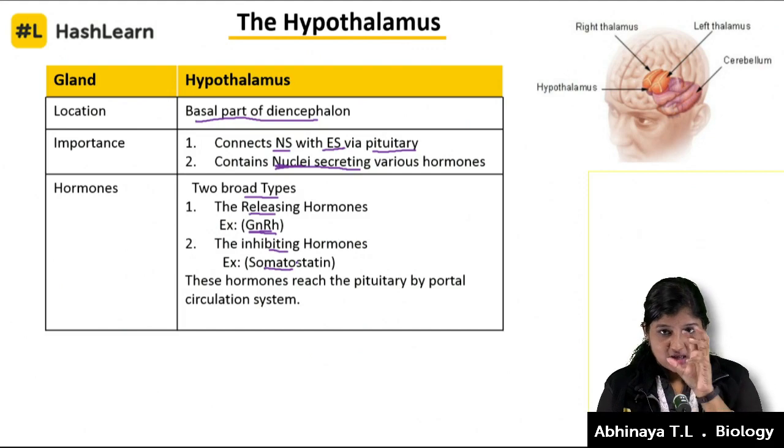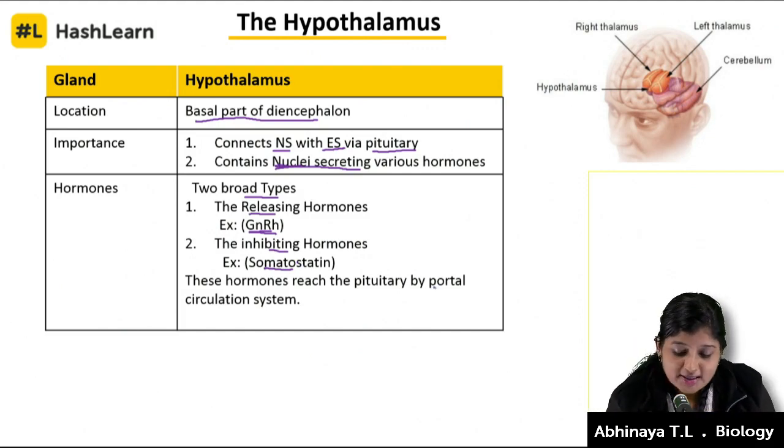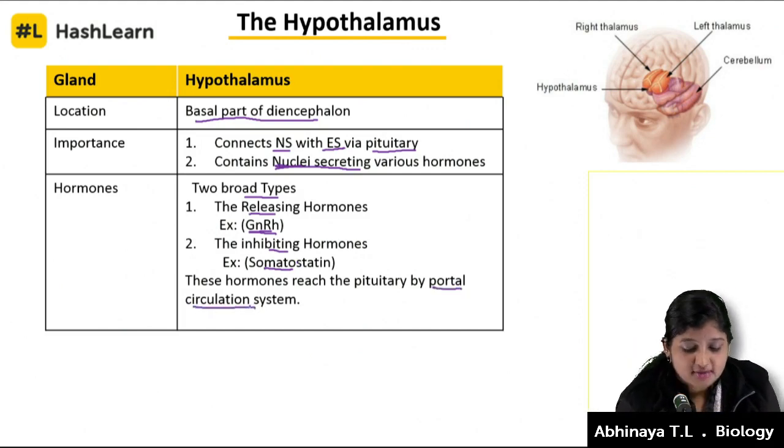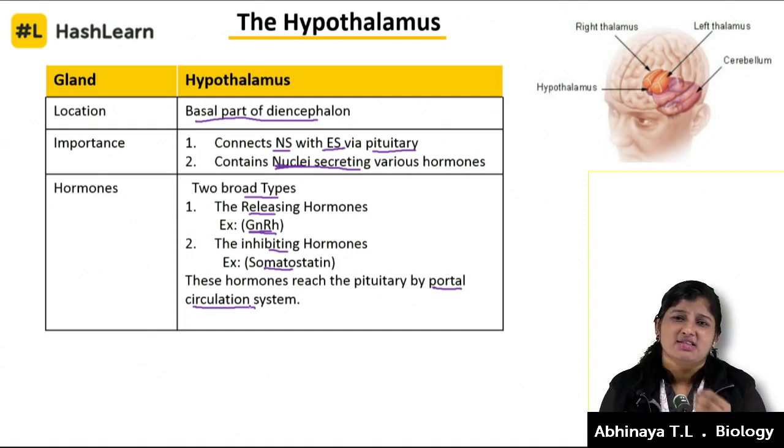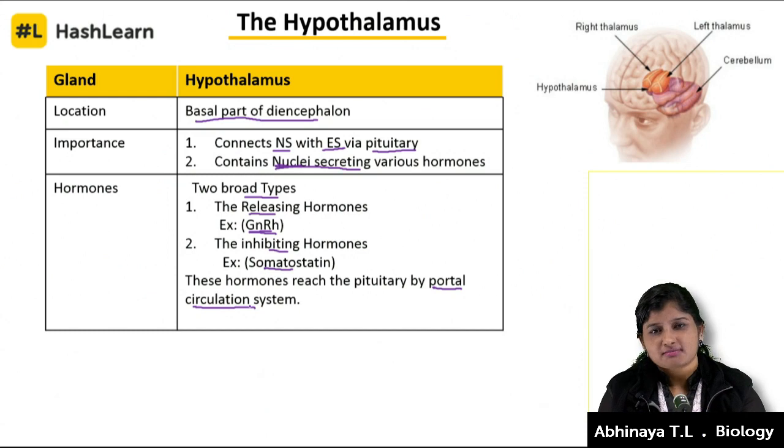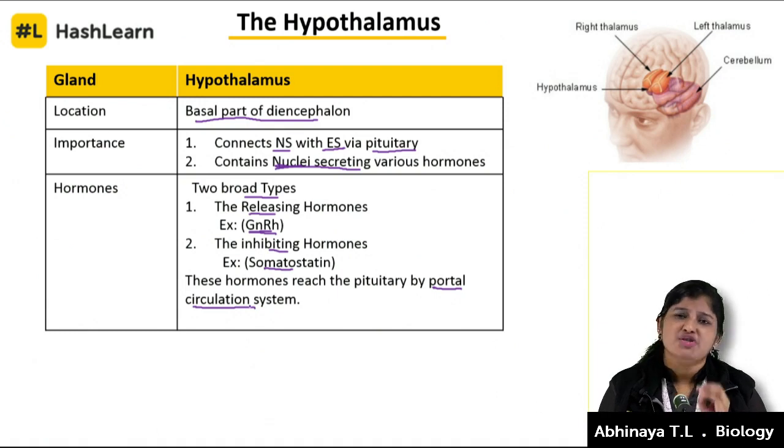So these hormones reach the pituitary by a specific portal circulation system. The complete details of the portal circulatory system are way beyond the importance of this class. I will just say it's a portal circulatory system through which it reaches the pituitary gland.